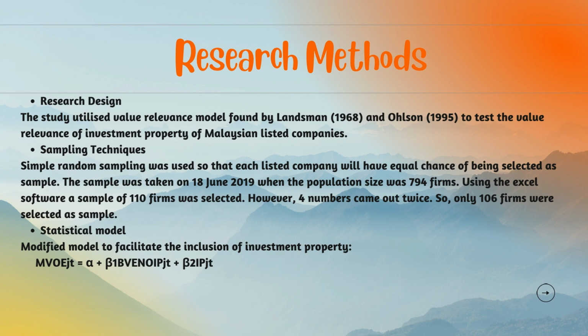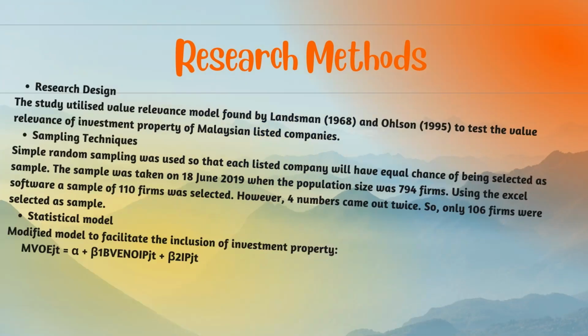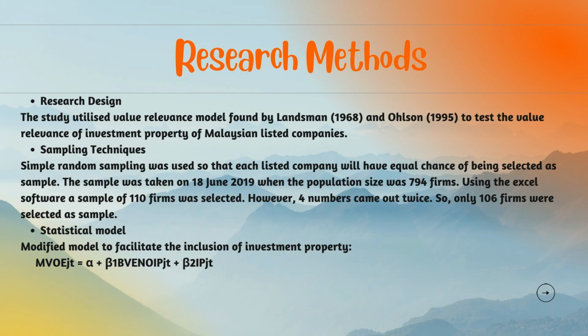Using Excel software, a sample of 110 firms was selected. However, four numbers came out twice, so only 106 firms were selected as sample. Out of 106 companies, only 54 companies possess investment properties. This contributed to 108 observations.